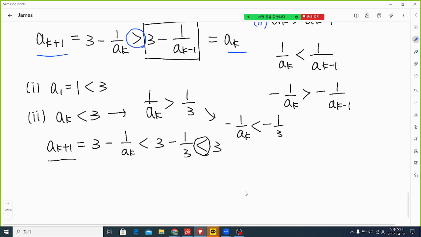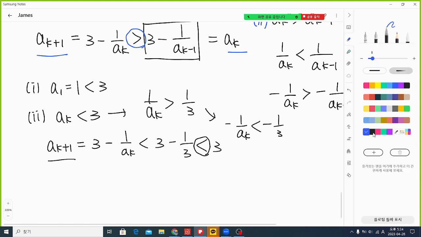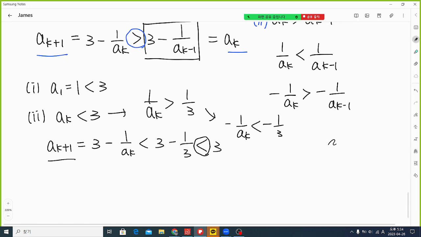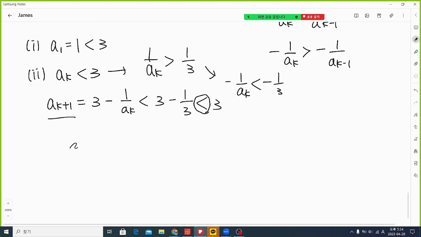When the sequence is convergent, the limit value of the sequence exists. That means if we let n go to infinity, there will be a limit value.